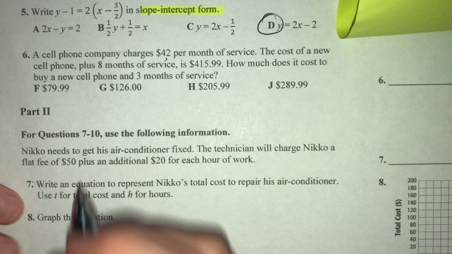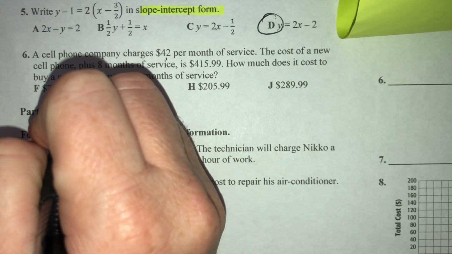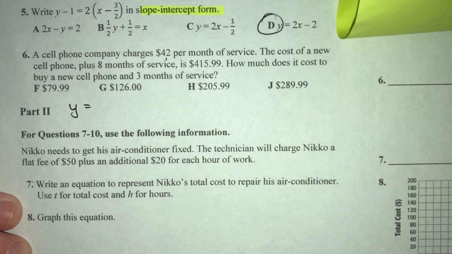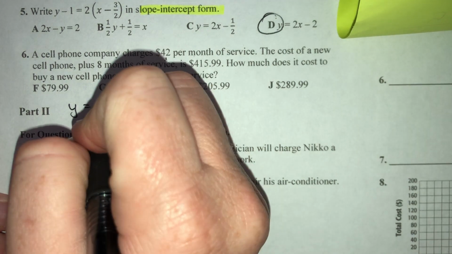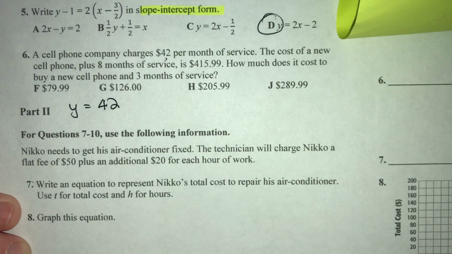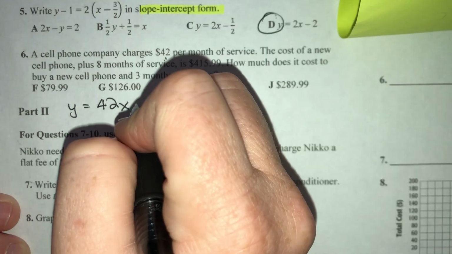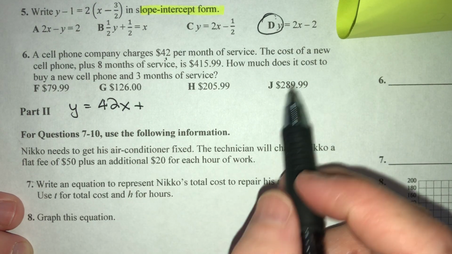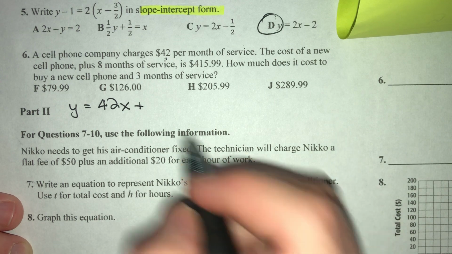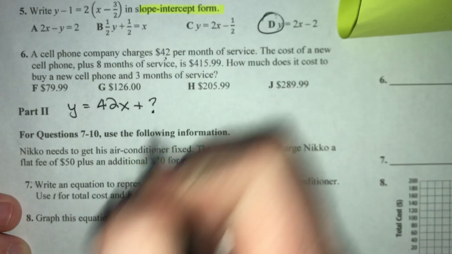Okay, so what would our equation kind of look like? Total cost equals the number they charge per month, so $42 times however many months they charge you, right? Plus, you've got to buy the phone. To use the phone service, you've got to have a phone, right? So plus the cost of a phone. Well, we don't know what that is yet.